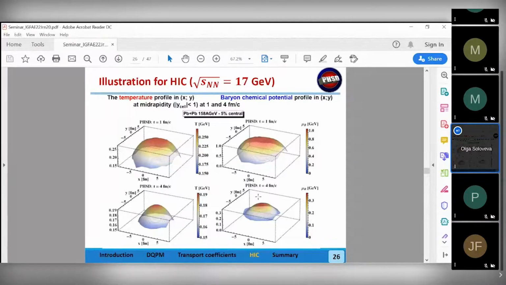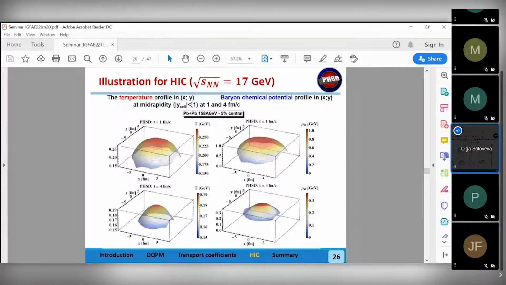As you can see, these distributions correspond to the transverse plane orthogonal to the beam direction at mid-rapidity, or in the center of the collision zone.